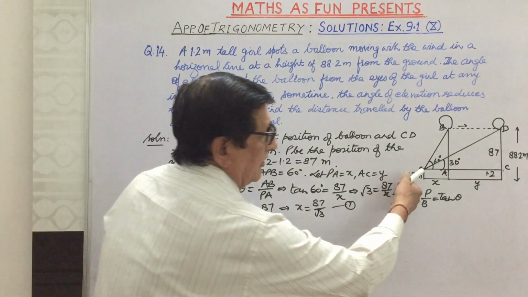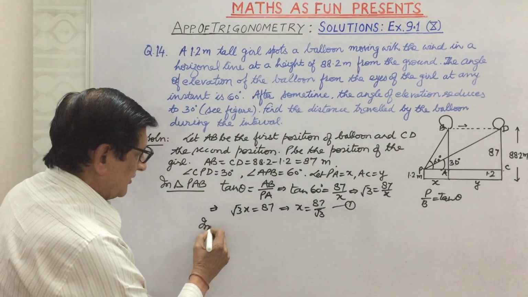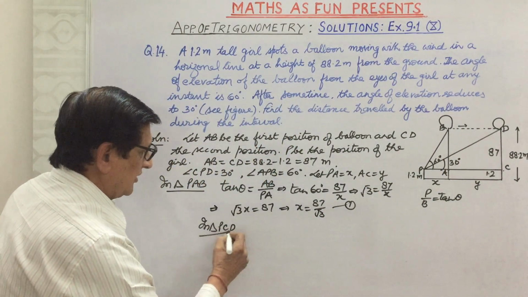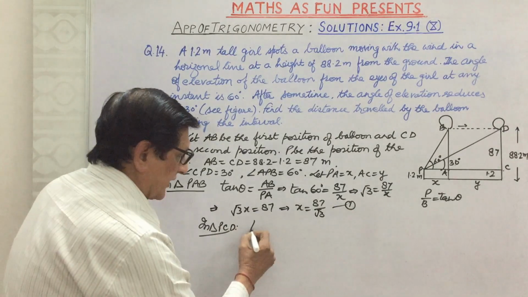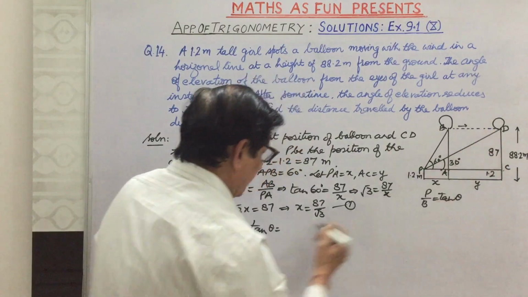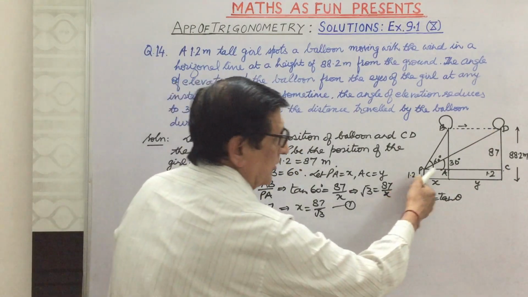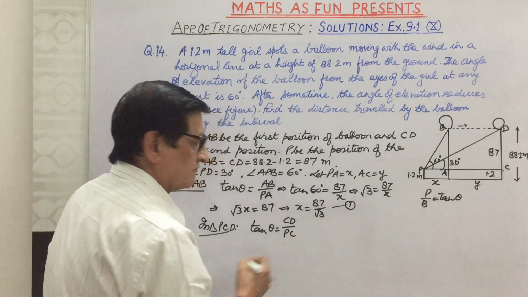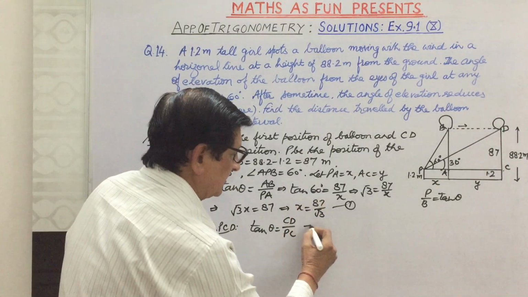Now we take triangle PCD. In triangle PCD, again we have to apply tan theta only, and in this case tan theta is CD, that is perpendicular, upon base, PC. Theta is 30 degree.